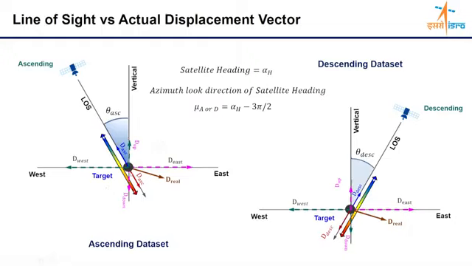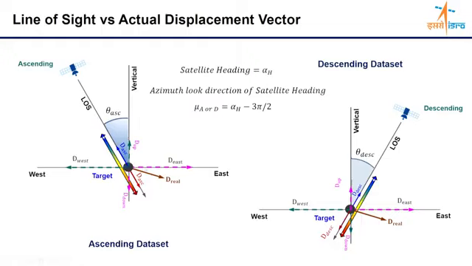Then the third axis is the vertical axis, perpendicular to this horizontal plane. So these three axes we are considering as x, y and z. Let us say the x direction is east-west, the y direction is along north-south, and the z direction is along up and down, okay.